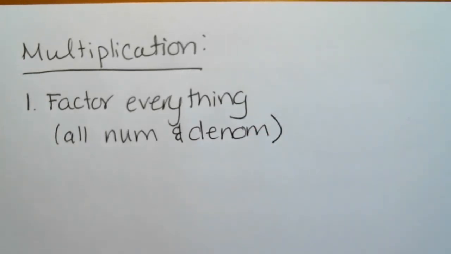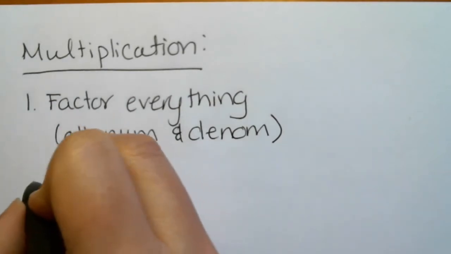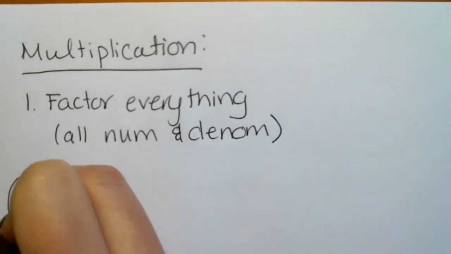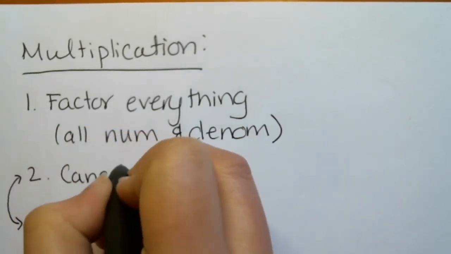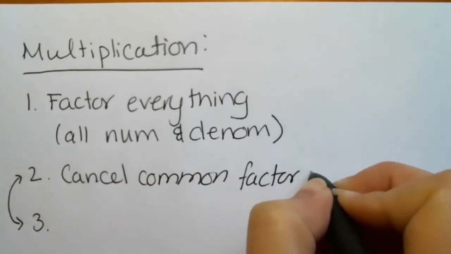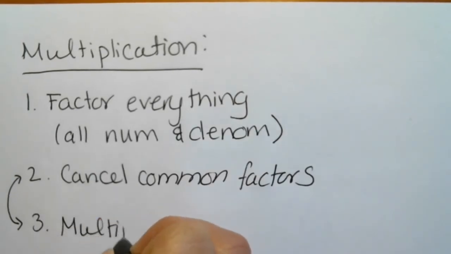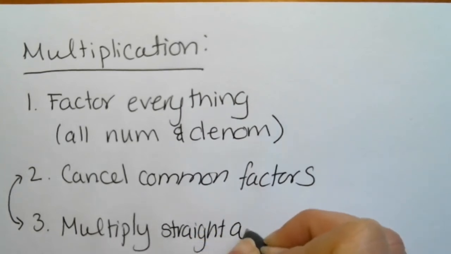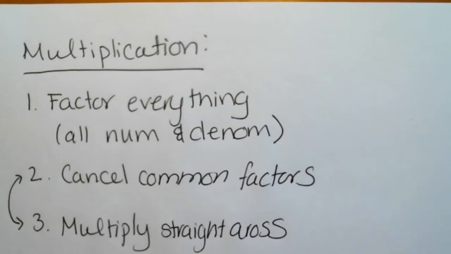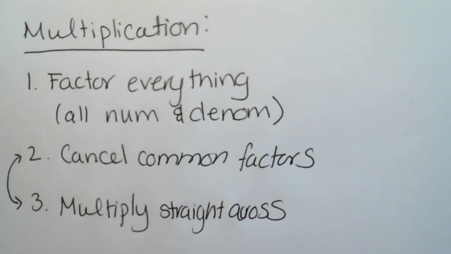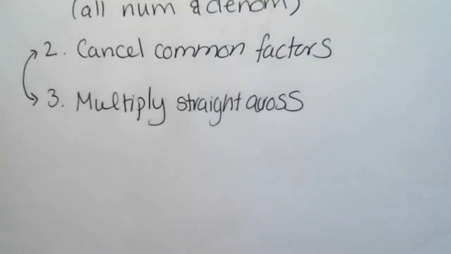Then, now these two can kind of be in any order, you can either cancel common factors and then multiply straight across, or you can do them in the other order where you multiply straight across and then you cancel the common factors. It really doesn't matter what order you do those two in. So let's look at an example.